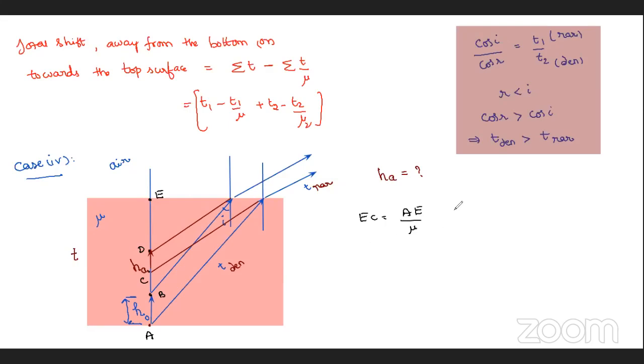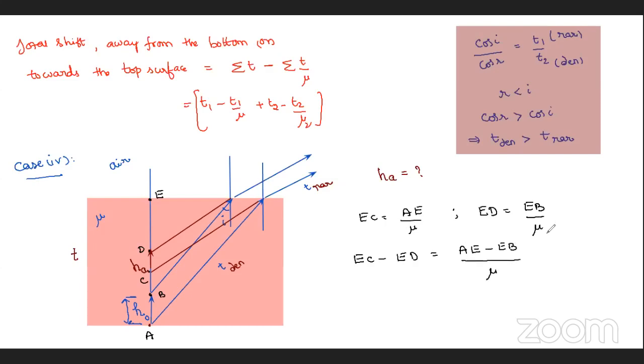ED. Sir, ED is equal to EB by mu. Very good. So I require what? EC minus ED. Is equal to AE by mu minus EB by mu, that is AE minus EB whole divided by mu.